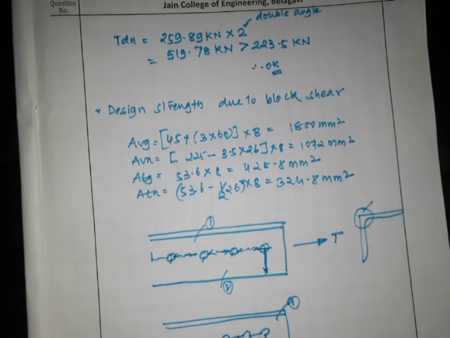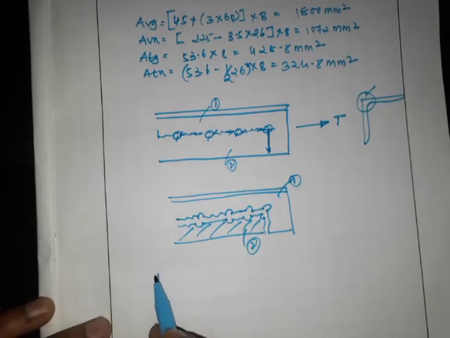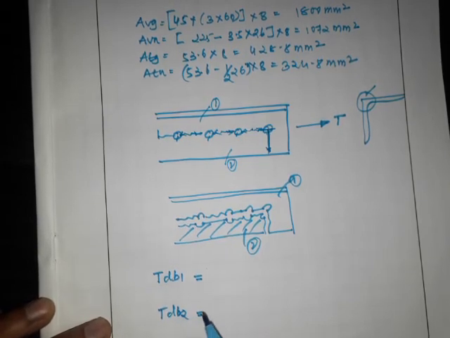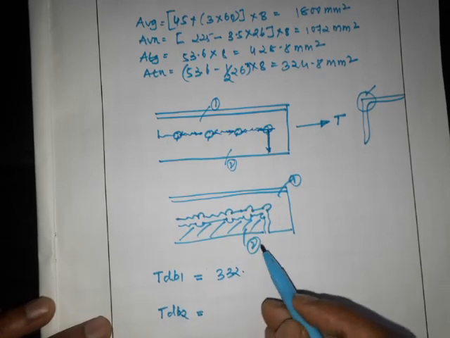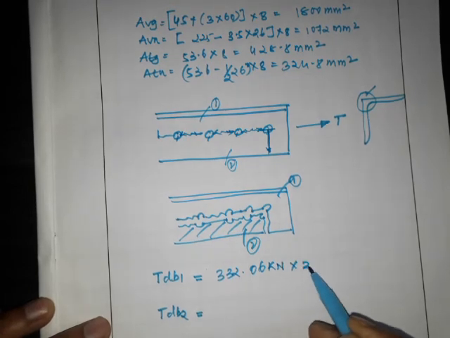Then you have to substitute back into the formula. As I told you, you have to refer again to the clauses of IS 800 for that. So we get TDB1 and TDB2. TDB1 is equal to 332.06 kilonewton into 2, again for double angle.